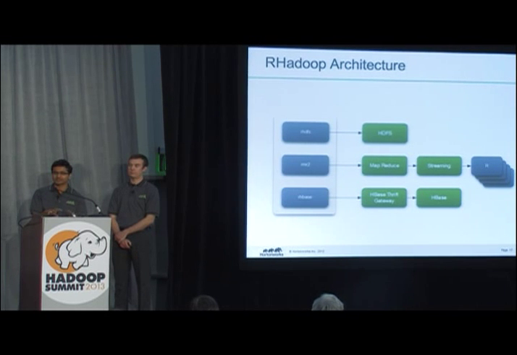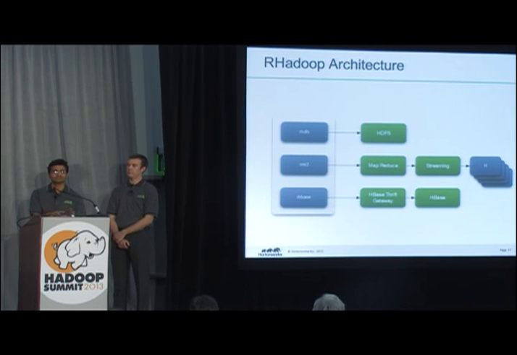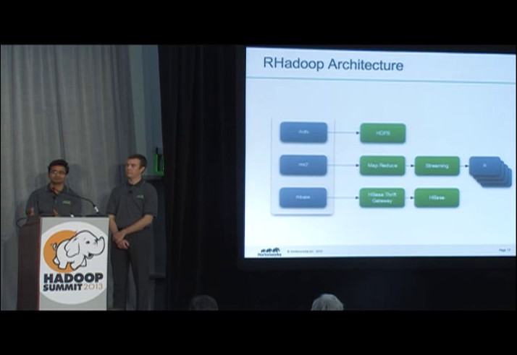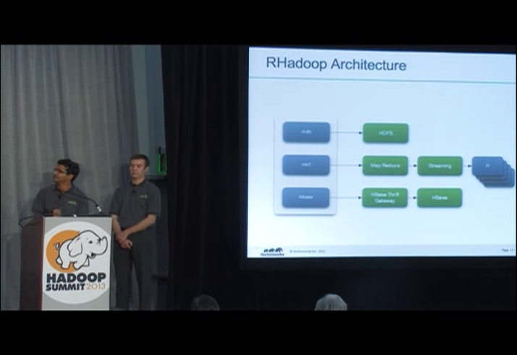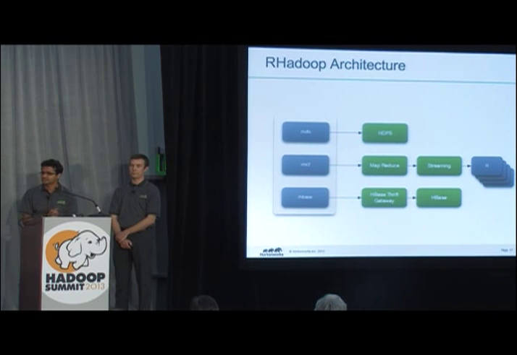This is the key library that actually issues the MapReduce jobs to your cluster. And so there is a map and reduce which can be written in R. And the MapReduce itself will use the Hadoop streaming framework to talk to R installed on each of the nodes. The third one is RHbase.